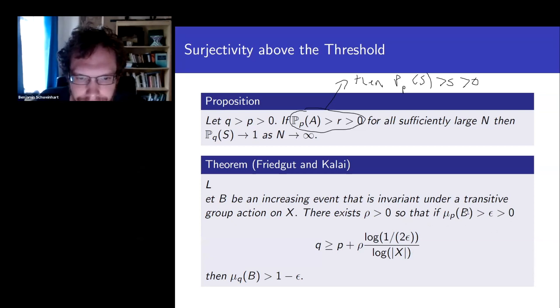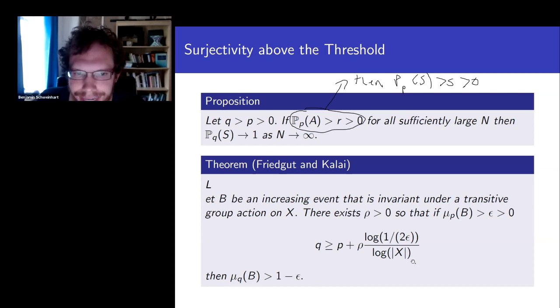this event is bounded away from 0, then, okay, this looks a little complicated, but this tells us that if the size of X is large enough and we increase our probability Q, if Q is greater than or equal to P plus some amount, then the probability we get a basis of giant cycles is greater than 1 minus epsilon.